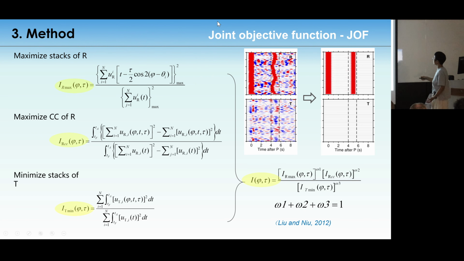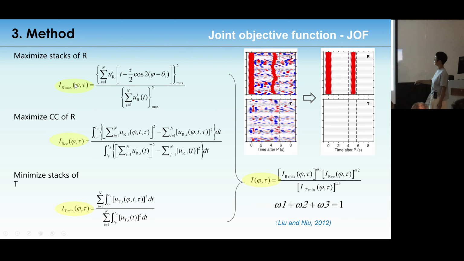The joint objective is formed by three independent objective functions. The first one is that the corrected receiver functions, the stack of the PMS on the R component, get a maximum, or that the cross correlation of each individual RF trace is maximum. This is the maximum cross correlation on the R component.